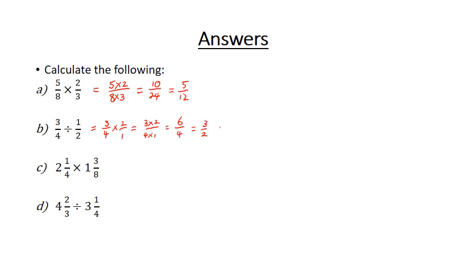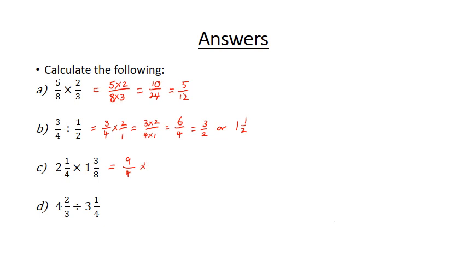which is 3 over 2, or 1 1/2. In our next example, where we've got mixed numbers, the first thing I want to try and do is change them to an improper fraction. It'll make it a little bit easier. So our first fraction becomes 9 over 4.